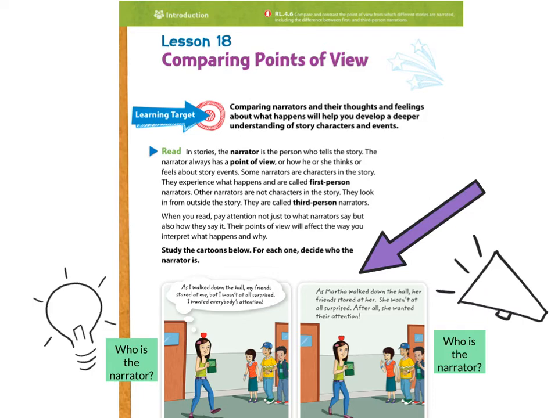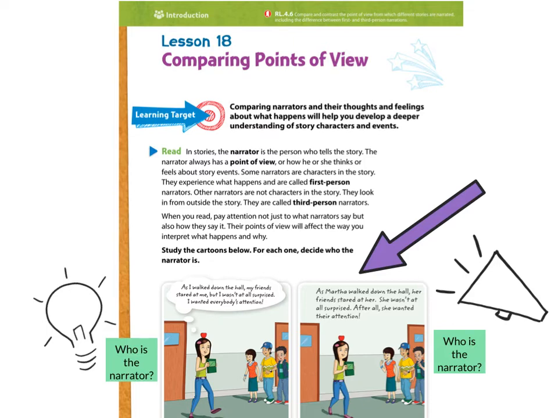In stories, the narrator is the person who tells the blank. The narrator always has a point of view, or how he or she thinks or feels about story events. Some narrators are characters in the story. They experience what happens and are called first-person narrators.